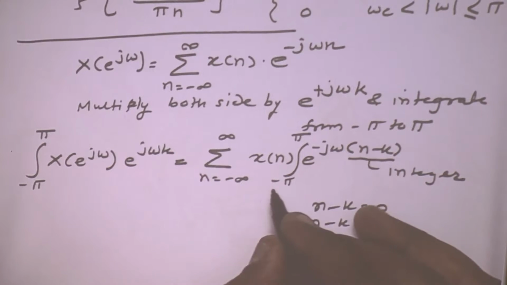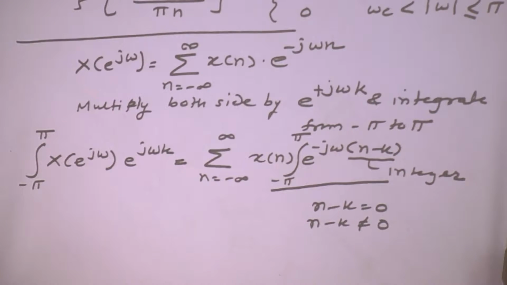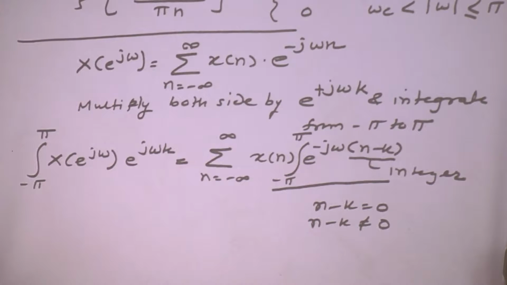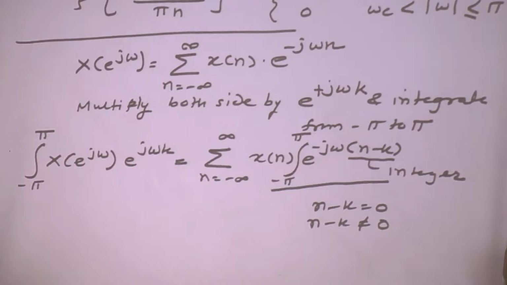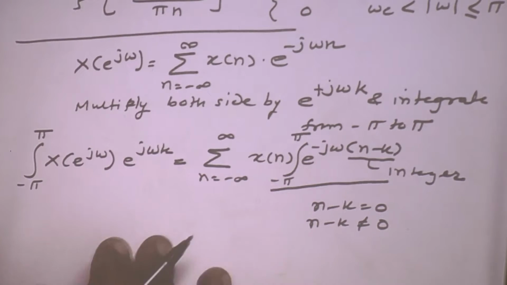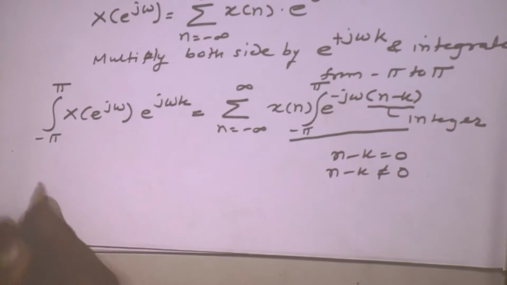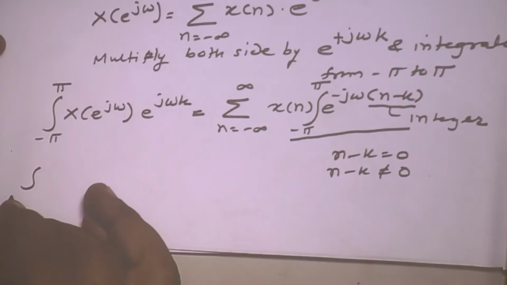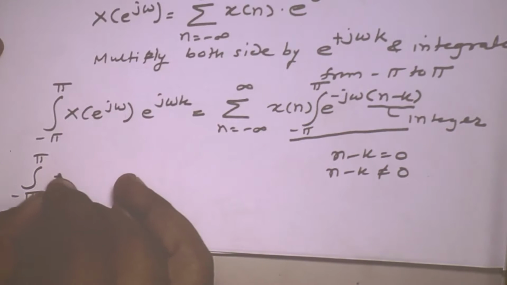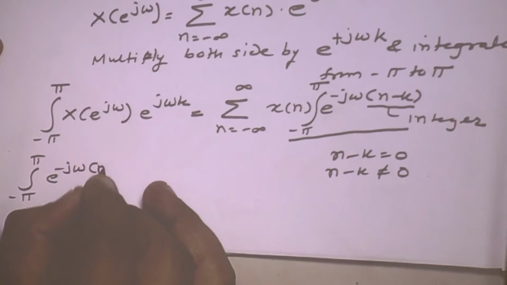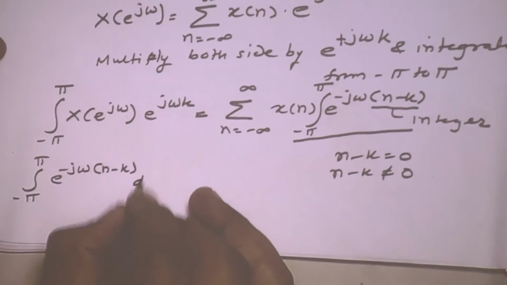So I want you to understand this value. What is the value of the integration from minus pi to plus pi of e to the power minus j omega (n minus k) d omega?